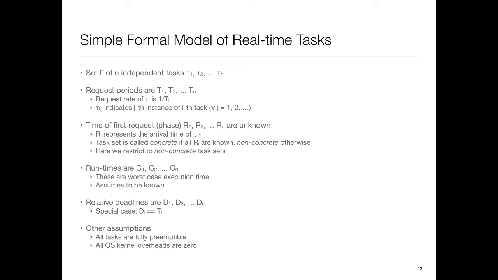One version would be to say I know that the first event for task i arrived at some delta i, or Ri, which you call the phase. In that case, if I knew that the first event of the ith task came at Ri, then I know for all the future when the other instances are going to arrive, because we already said they're periodic. So in that case, I really have a static system.